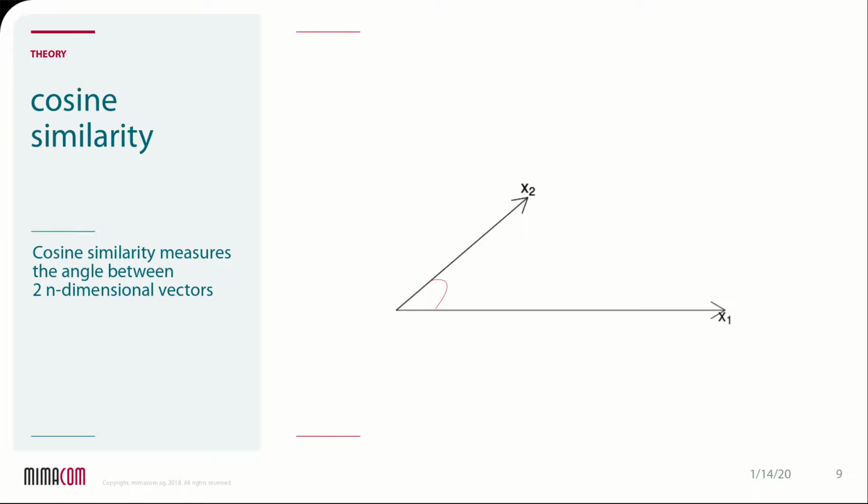Now, if we want to see how similar two vectors are, there are several possibilities for how we can do that. One of them is cosine similarity. The idea of cosine similarity is that two vectors are basically an arrow pointing towards a direction. And we measure the angle between these two arrows, between these two lines, so to say.